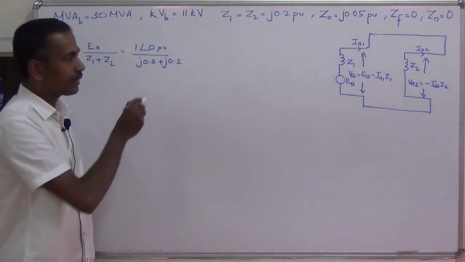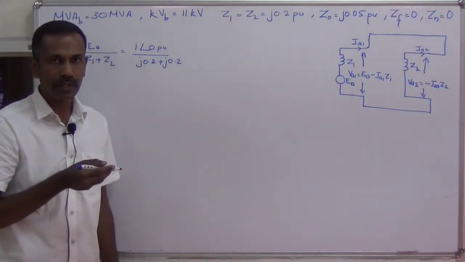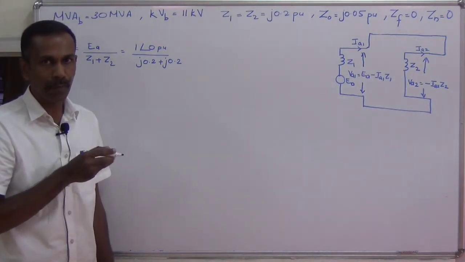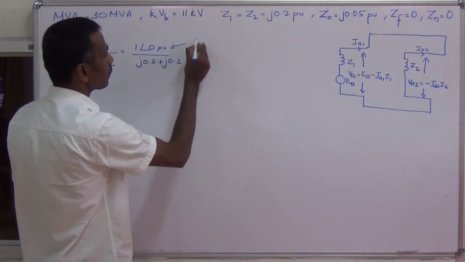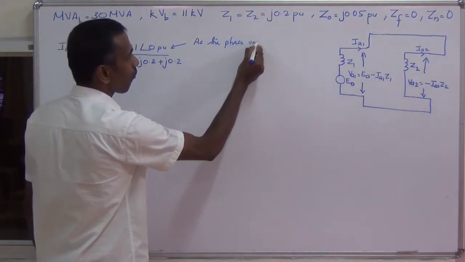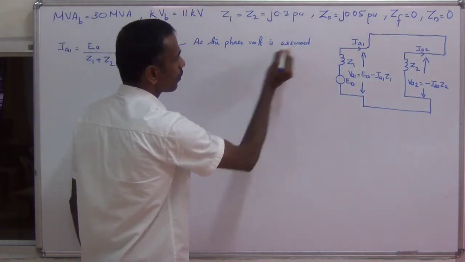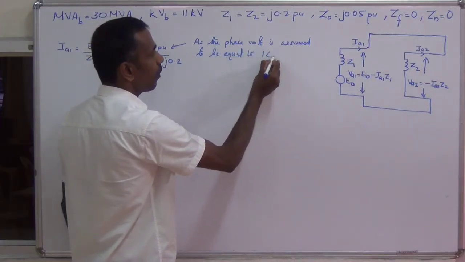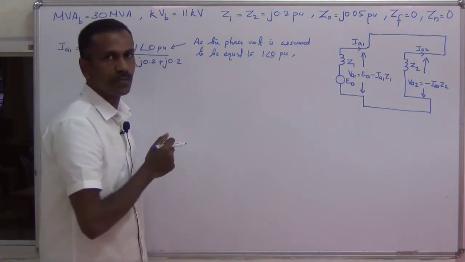As this phase voltage is assumed to be equal to 1 angle 0 per unit, whenever you have to convert the per unit voltage back into actual voltage, the per unit quantity should be multiplied by the base phase voltage. 1 angle 0 is same as 1 plus j0.